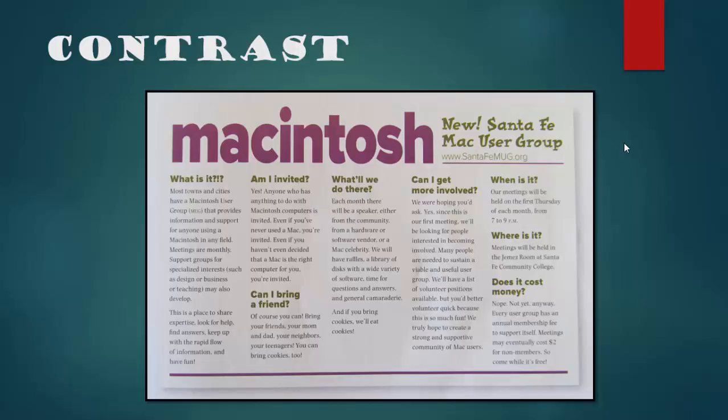The contrasting colors, you have the purple Macintosh up on the top of the page, as well as the size of that text compared to the rest of the page. That's effective. Then you have the repetitive column headings, or little section headings, in the green text with a nice heavy boldness to them. That's an effective use of contrast.